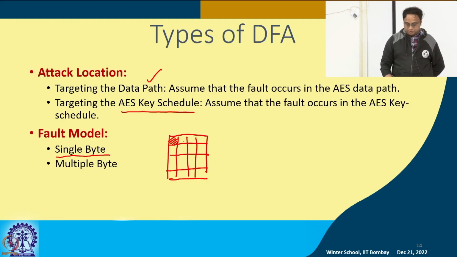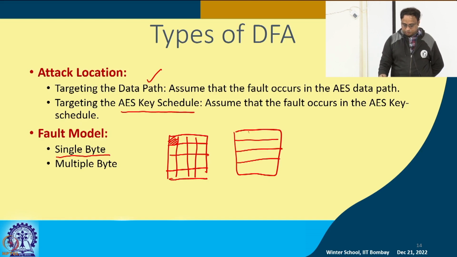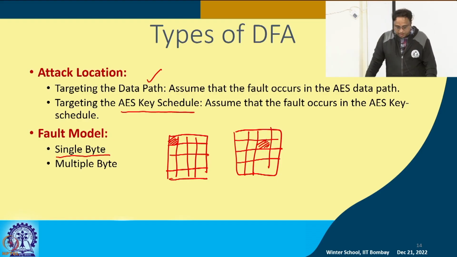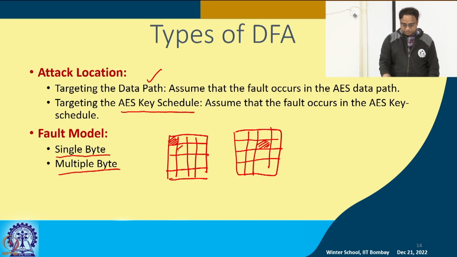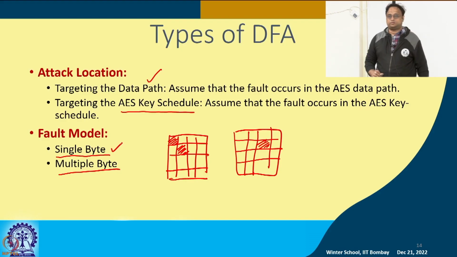That means the fault can be here, or in any other byte; any of the 16 bytes can get corrupted. Likewise there could be multiple bytes with faults, but I will not discuss multiple bytes and will rather focus on single bytes in today's discussion.